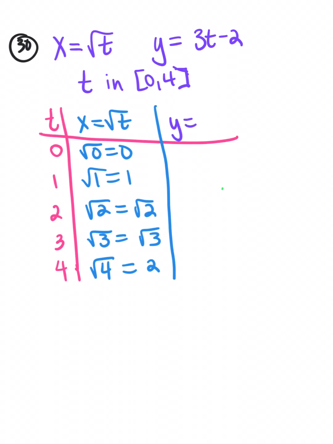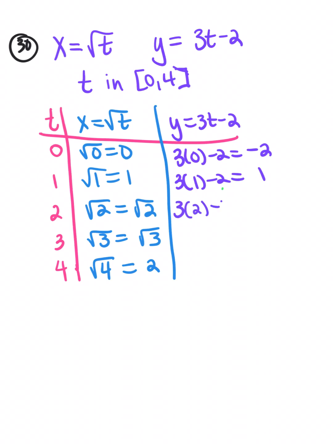For y, it's 3t minus 2. So 3 times 0 minus 2 is negative 2. 3 times 1 minus 2 is 1. 3 times 2 minus 2 is 4. 3 times 3 minus 2 is 7. 3 times 4 is 12, minus 2 is 10.